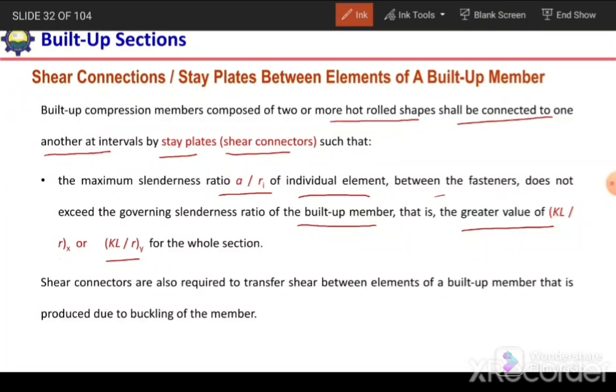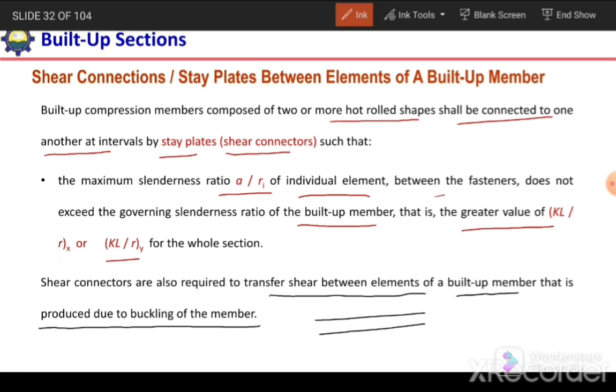So shear connectors are also required to transfer shear between the elements of built-up members that is produced due to the buckling of the member. Actually, when we have two members like this, and these are bent in this manner, shear stresses will develop between these two members.